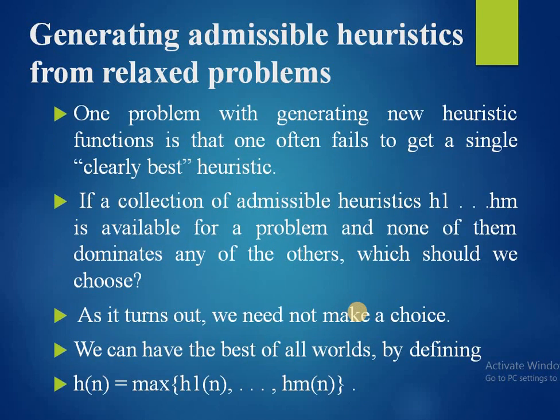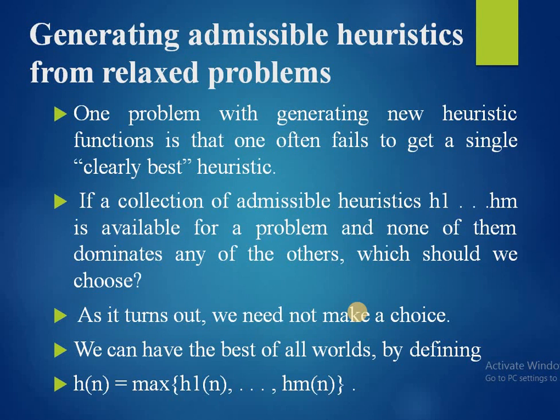One problem with generating new heuristic functions is that one often fails to get a single clearly best heuristic. If a collection of admissible heuristics h1 to hm is available for a problem and none of them dominates any of the others, which should we choose?